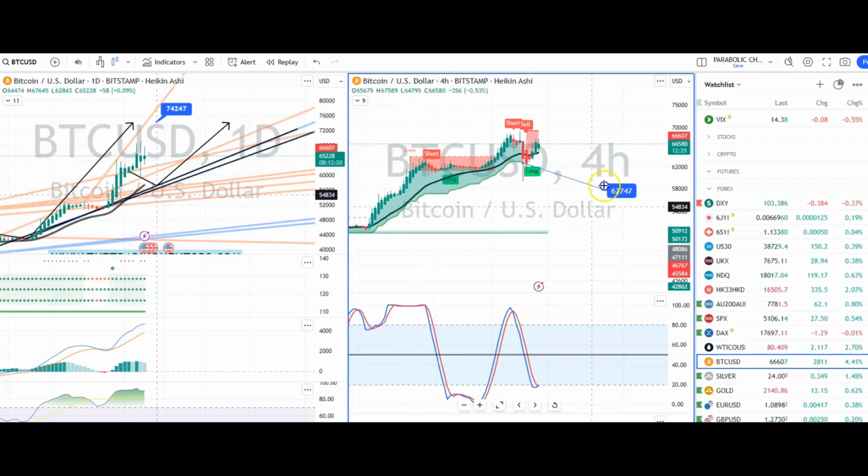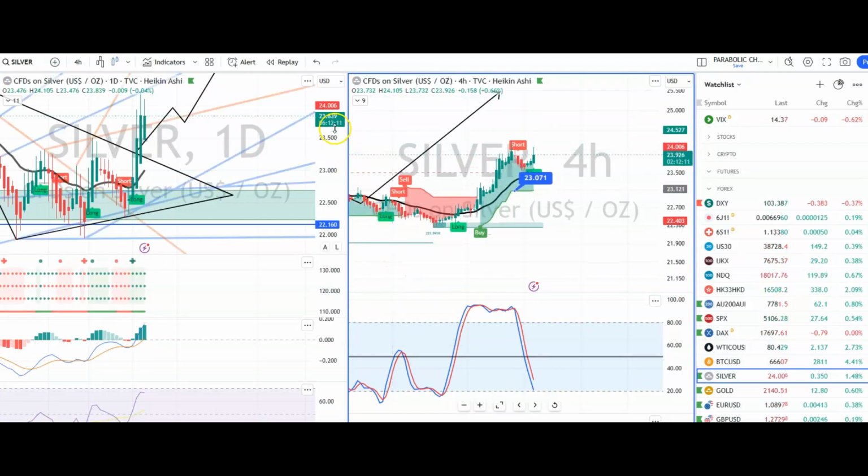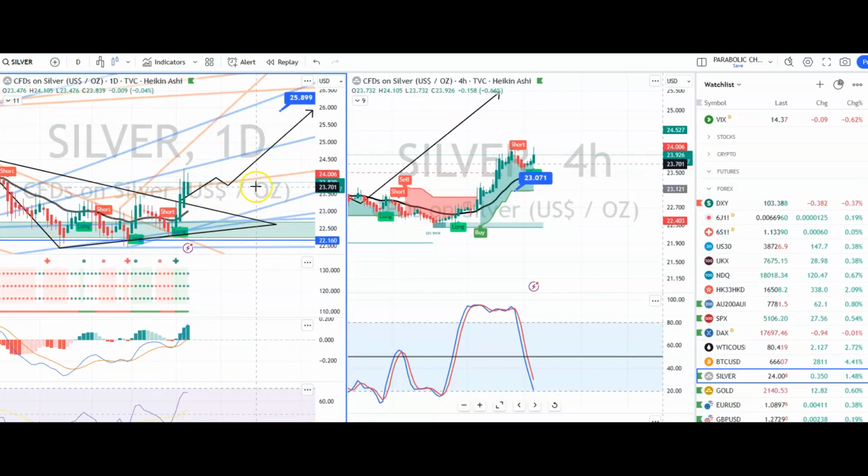So Bitcoin is no longer parabolic, so we're not particularly interested in it at the moment until it changes character again. Silver is parabolic. I mentioned this the weekend, I think, and we did have a triangle formation, and it got broken this week, I think, on the 4th by the look of it, and we do have a change of character.